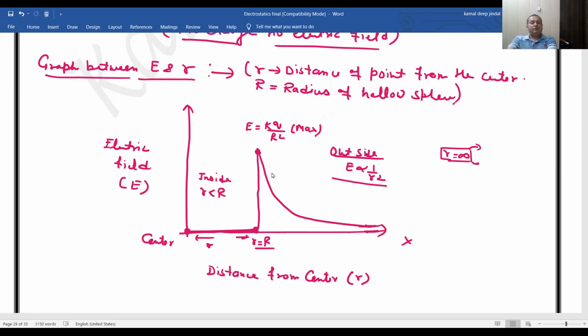You will show a gap always. In this region you can write down, here r is less than R, and here r is greater than R.